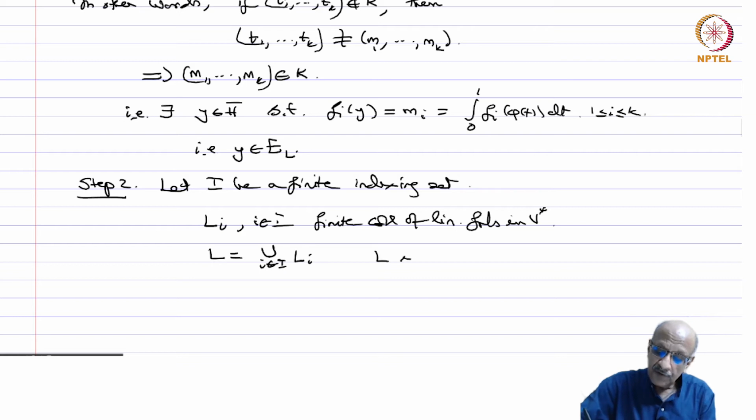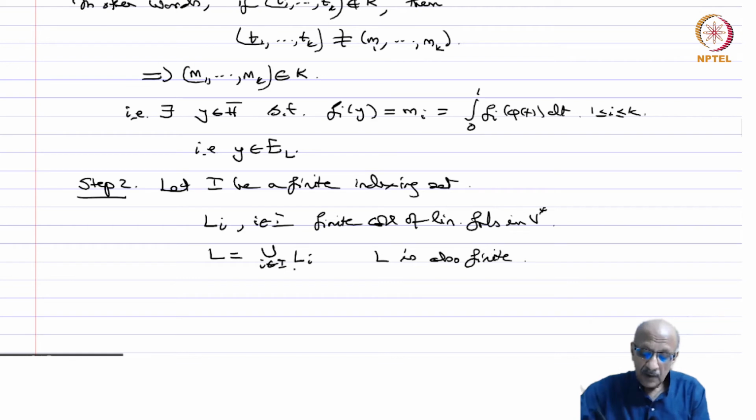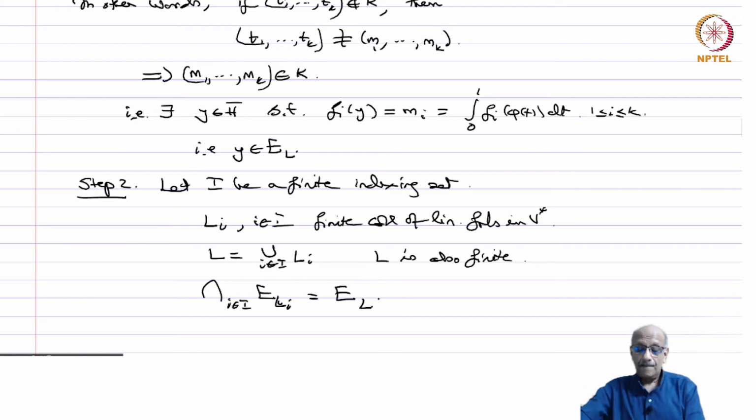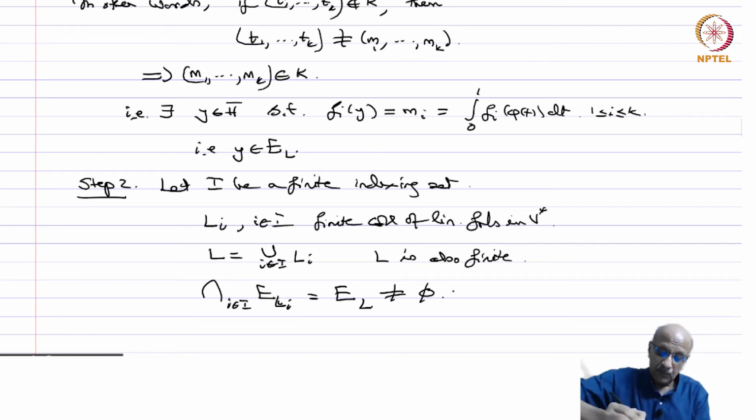So L is also finite, because each of these is finite and this is a finite union. Okay, and it is very easy to check that the intersection over i in I of E of Li is nothing but E of L. Okay, so this is obvious and therefore this is not empty by step 1.